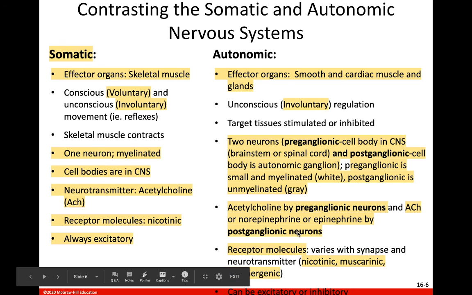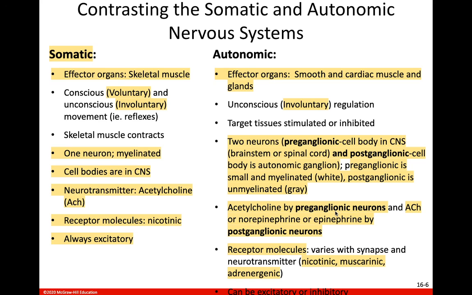So I would definitely go and watch those crash course videos, and he will talk about the neurotransmitters that are released. Again, it's always going to be acetylcholine released by the preganglionic neurons, and then for the postganglionic neurons, in one of them, either sympathetic or parasympathetic, it's acetylcholine being released, and in the other division of the autonomic nervous system, it's going to be norepinephrine.